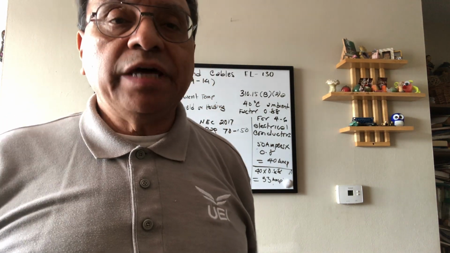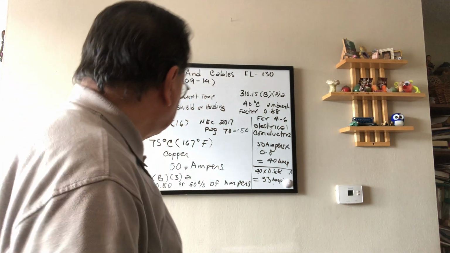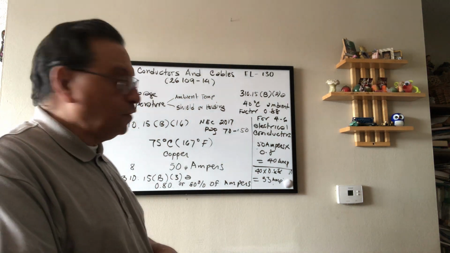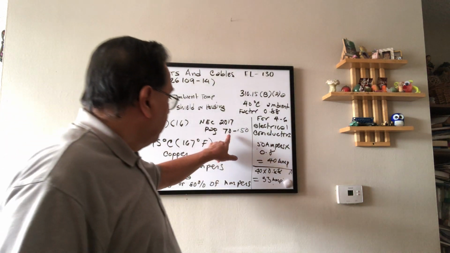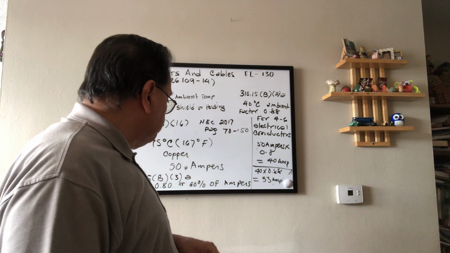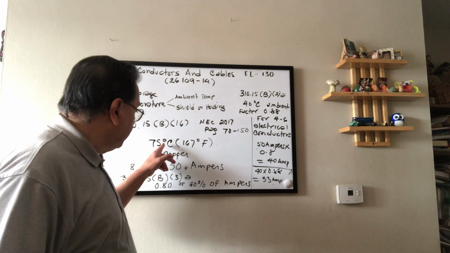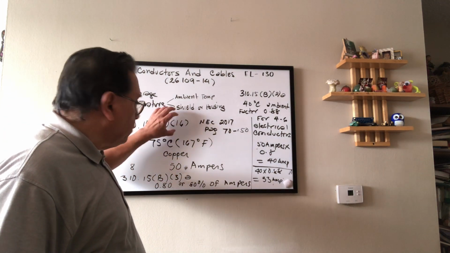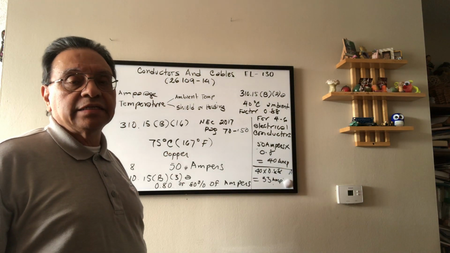Okay, so as I told you, when you select an electrical conductor, you take in consideration, first of all, the amperage. And using the amperage, you use the first table, 310.15(B)(16), that is located on page 70-150. And if nothing is said, we select this table, which has been calculated for an ambient temperature of 20 degrees Celsius.